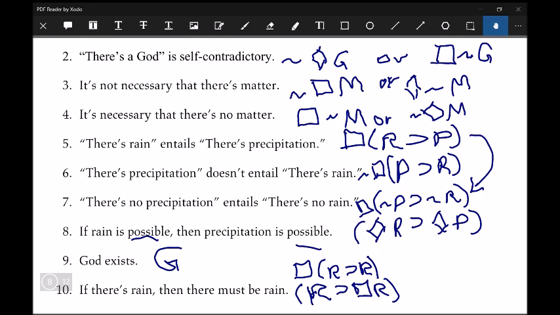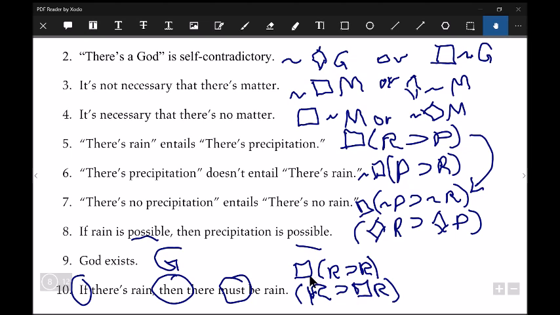Well, I'm sorry. The problem is that this form, where you have an if-then, and you have a necessary in the second part, is ambiguous. It could mean in English two very different things. And these are called box outside or box inside. What's the difference?